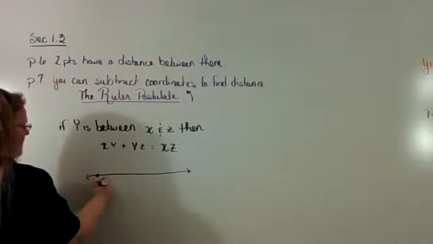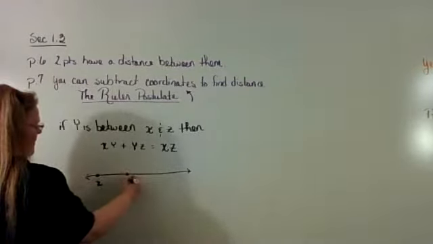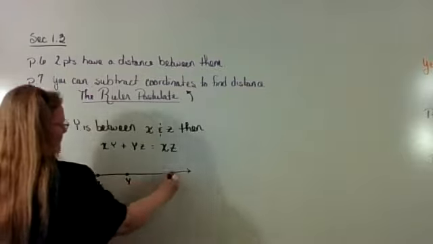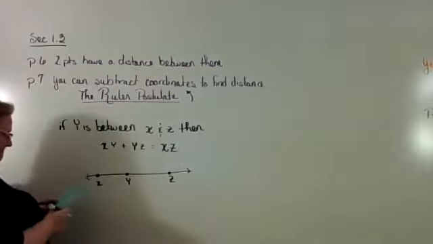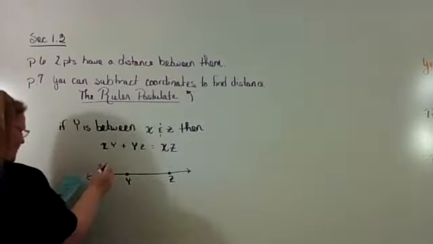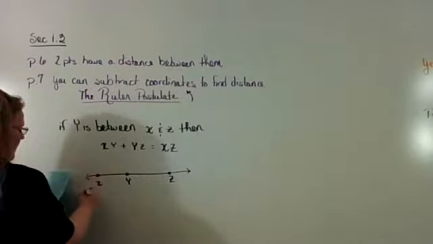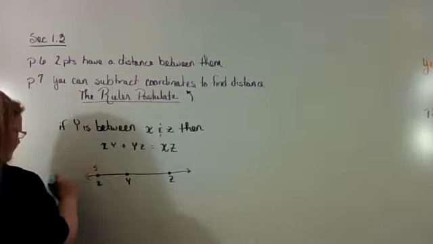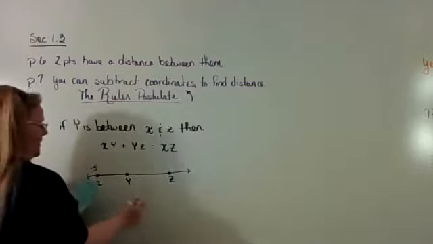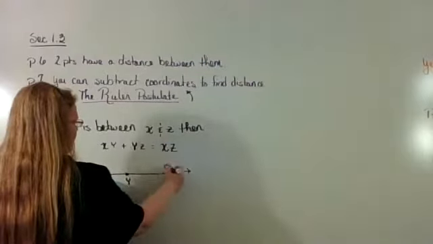If I were to draw this picture out, I have an x, I have a y, and I have a z. I'm going to tell you that x equals -5 and that z equals 15.